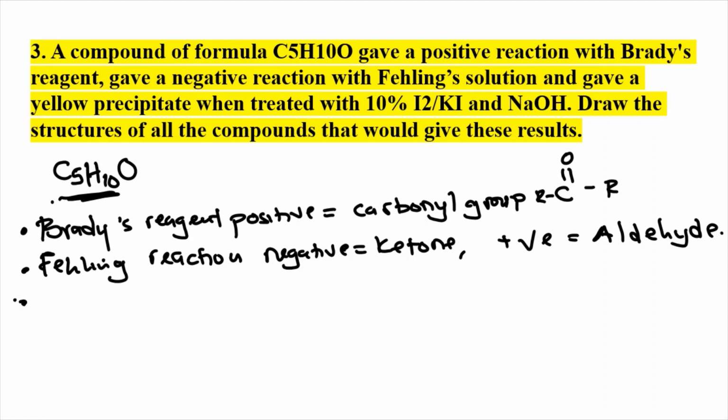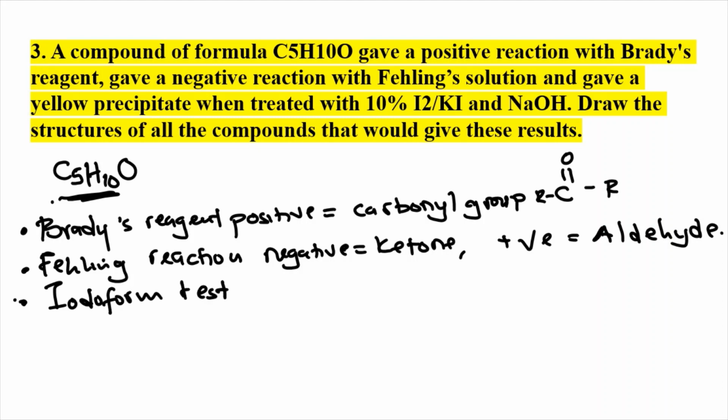And then what they're telling us is that it gave a yellow precipitate when treated with 10% iodine or potassium iodide and sodium hydroxide. That is called the iodoform test.